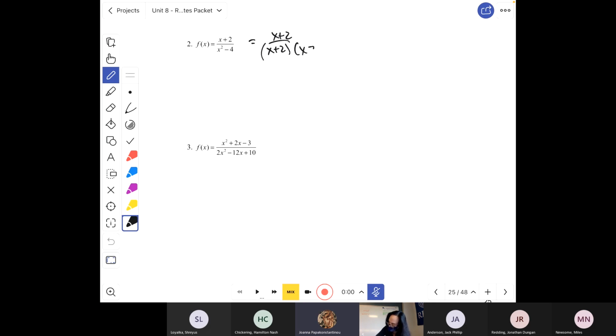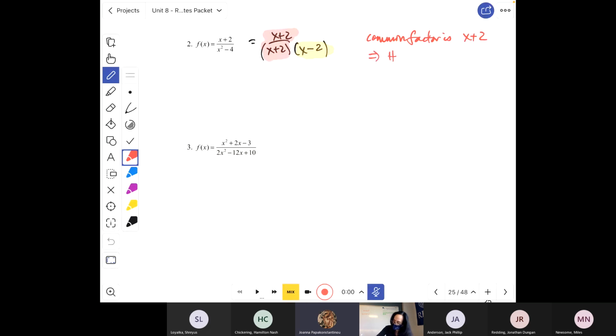I factor the denominator and I see a common factor. My common factor is x plus 2. So I know that there is a hole when x equals what? I know there's a hole, right? So my common factor is x plus 2.